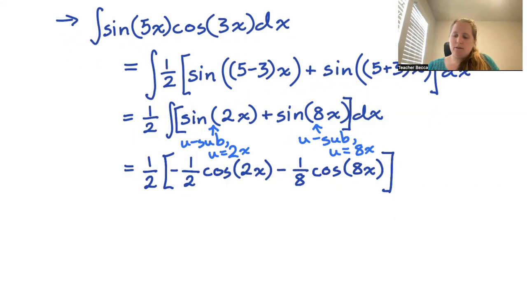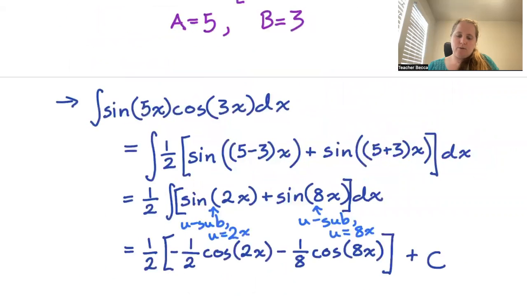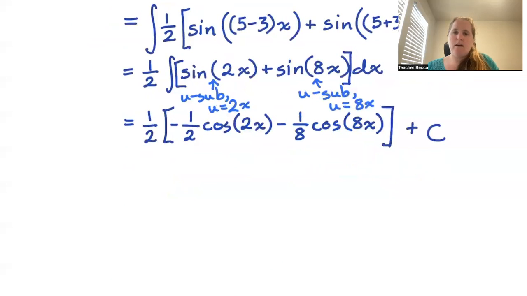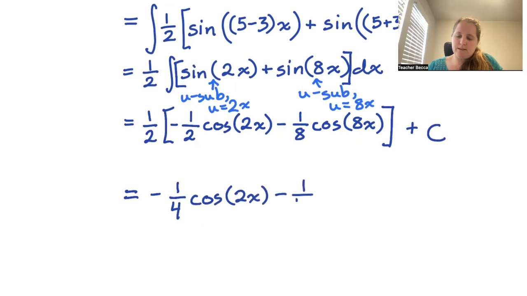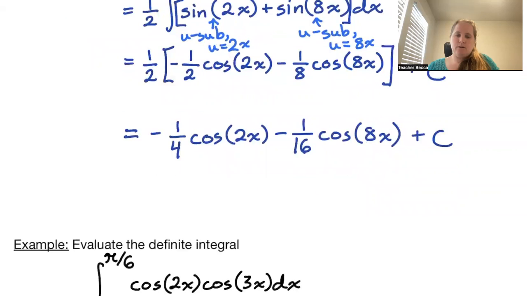All right, so we have our plus C on the end. This is how we evaluate the integral of that product of sine and cosine. Simplifying a little, we wind up with negative 1/4 cosine of 2x minus 1/16 cosine of 8x plus C.